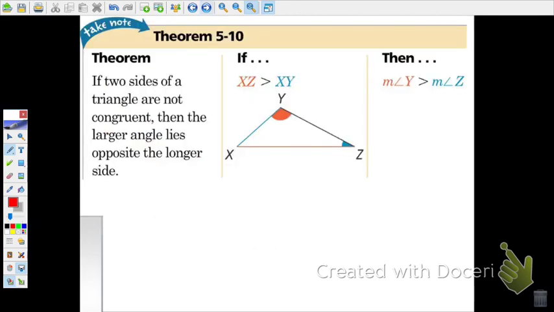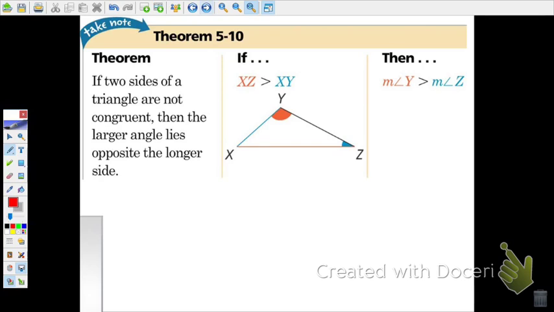Then another theorem that we're going to be working with says that if two sides of a triangle are not congruent, then the larger angle lies opposite the longer side. So when we look at this triangle, we're told that XZ is greater than XY.